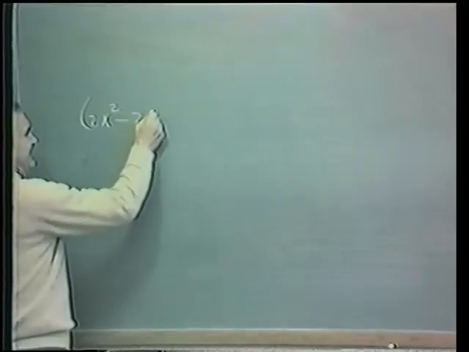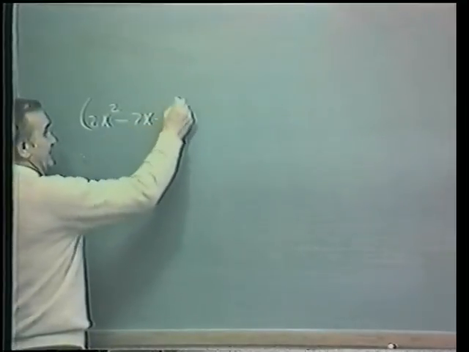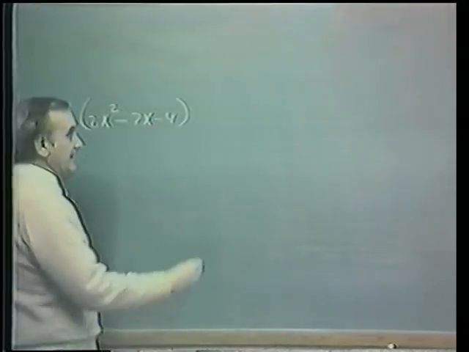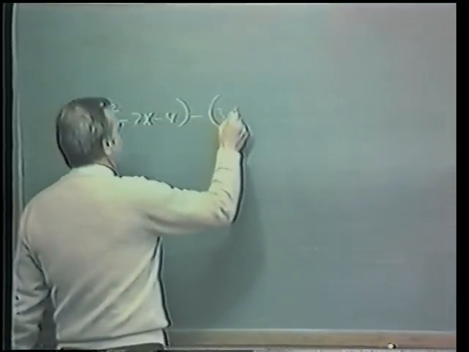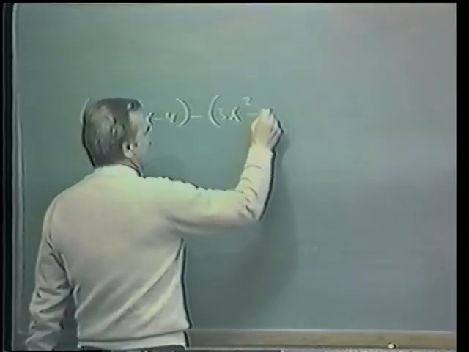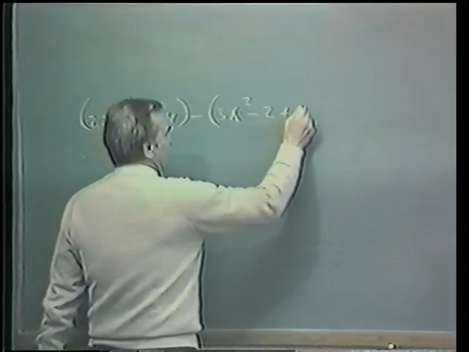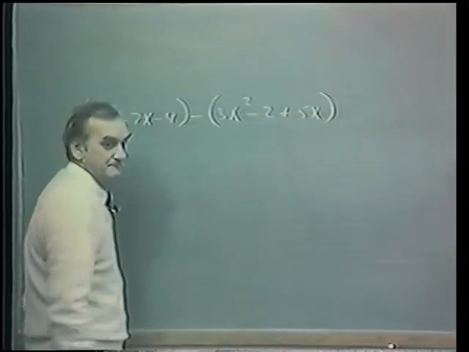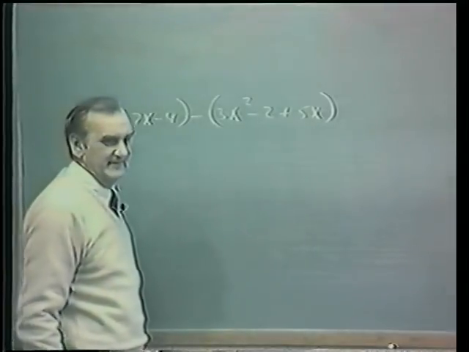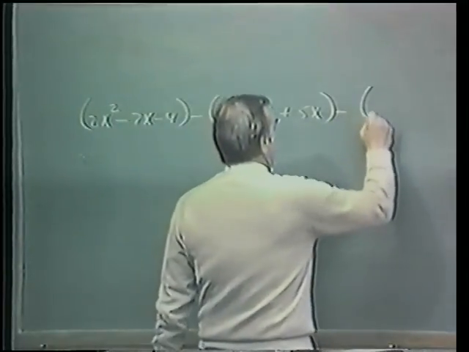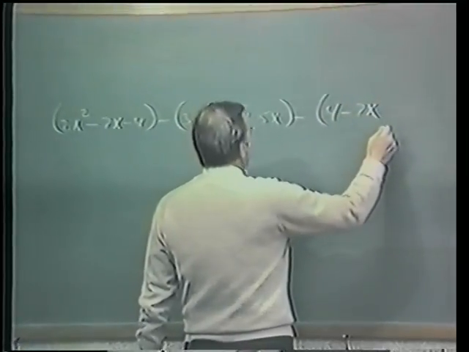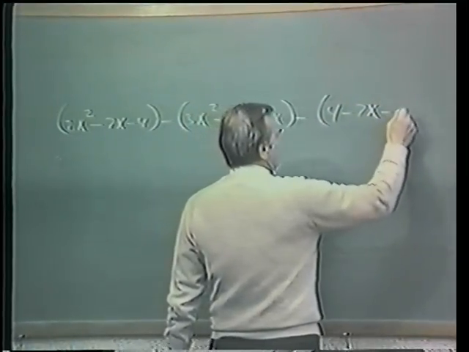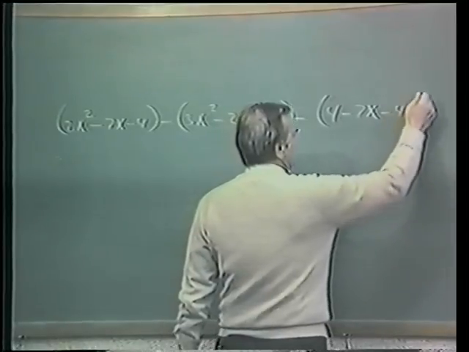Quantity, 2x squared minus 7x minus 4. End of quantity. Minus quantity, 3x squared minus 2 plus 5x. End of quantity. Minus quantity, 4 minus 7x minus 4x squared.